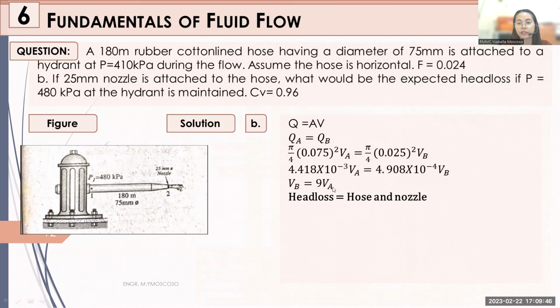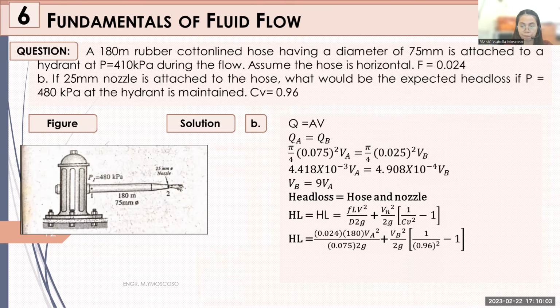So, head loss, dalawang head loss na yung kinoconsider natin, which is the head loss of the hose plus head loss of the nozzle. So, you will have FLV squared over 2DG plus VN squared over 2G times 1 over CV squared minus 1. Okay, in this case, hindi pa ninyo alam what would be the value of your velocity.